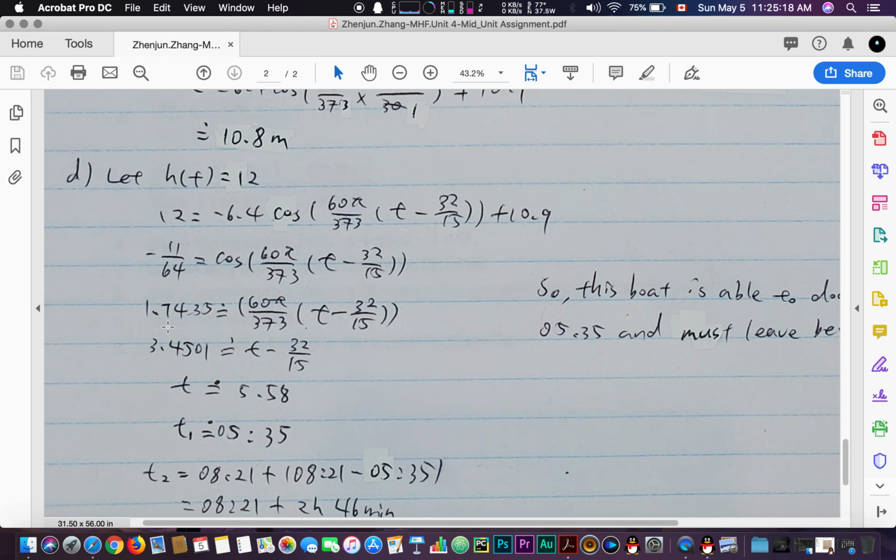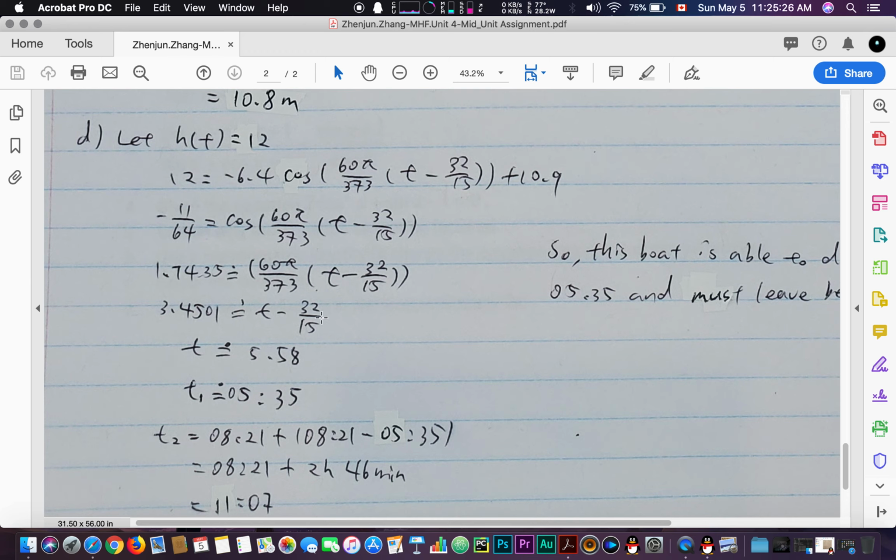We get 3.4501 equals t minus 32 over 15, and then we move the 32 over 15 over there. So this equals this plus that, which is t equals 5.58.